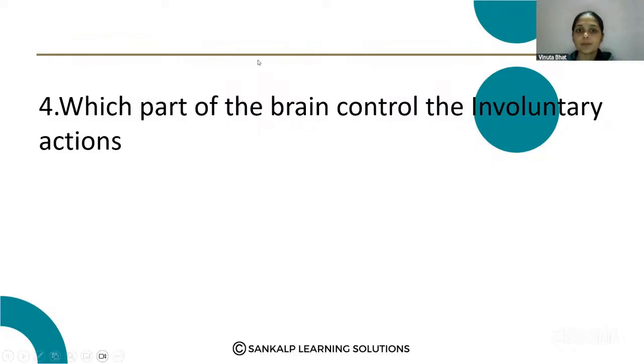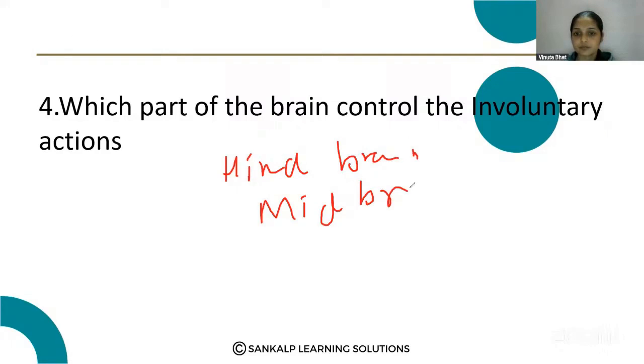Mainly the hindbrain and the midbrain, which control the involuntary actions. Okay.